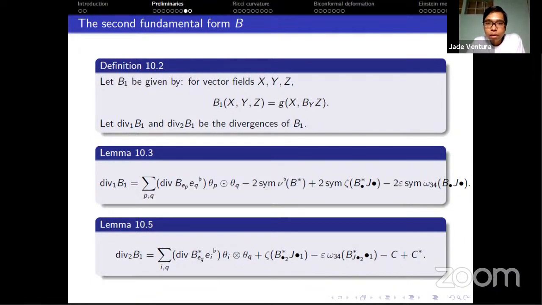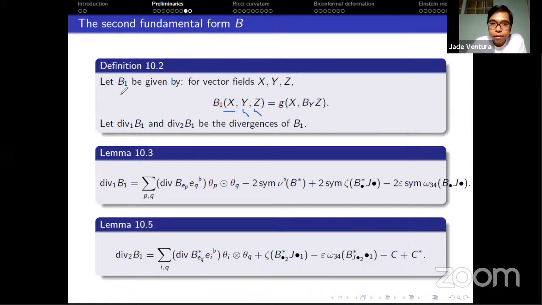tensors, metrically equivalent tensors. That is, they contain the same information. Now, for the divergences, since we have 3 slots for B, so this slot for X and this slot for Y and this slot for Z, we should have by definition 3 divergences.